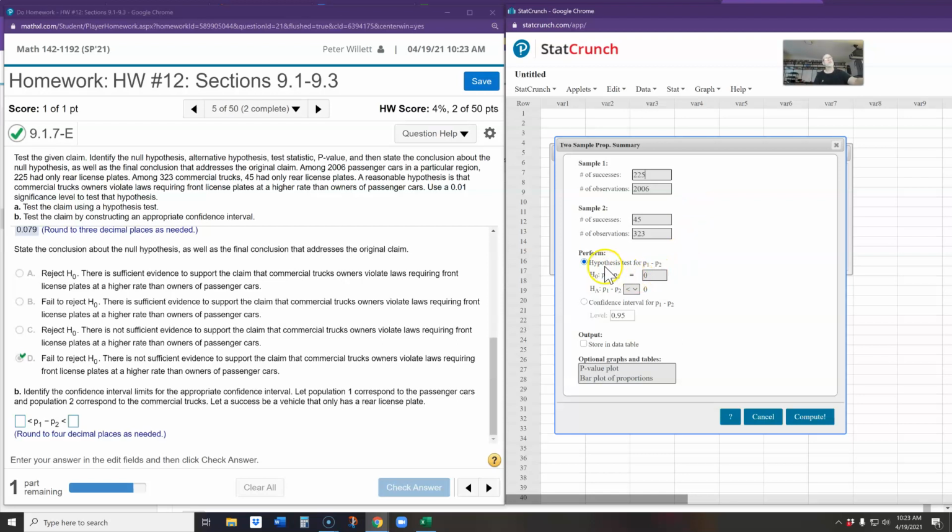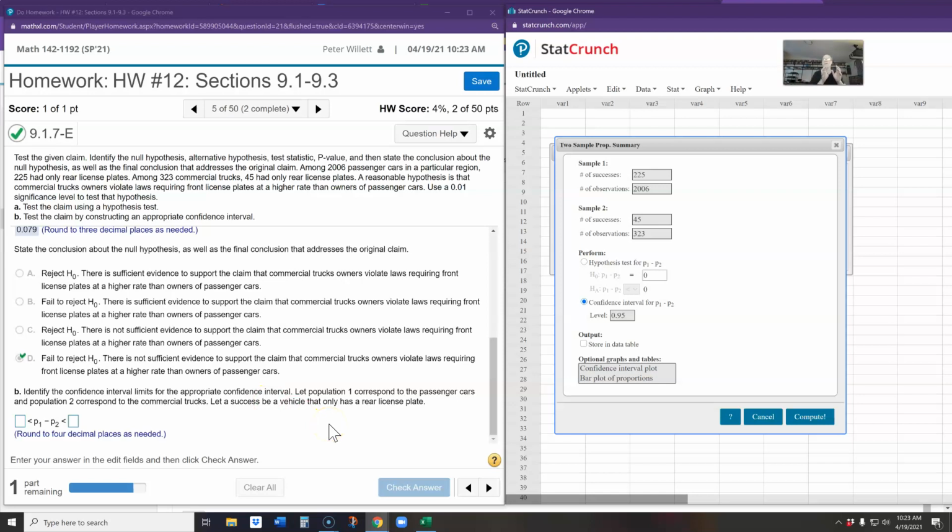Instead, I'm just going to switch from the hypothesis test, where they give us the test statistic, and go over to the confidence interval. So then all we have to do on the confidence interval, as we did in Chapter 7, is enter the confidence level. But they're not telling us what that is. They're telling us to do the appropriate confidence level. So we have to figure out what that means.